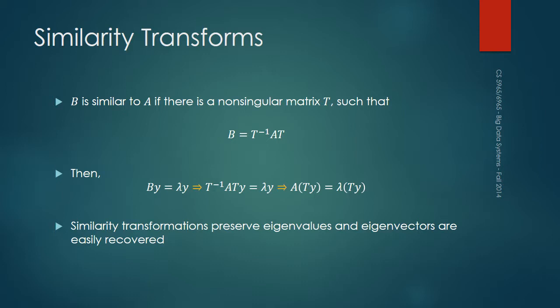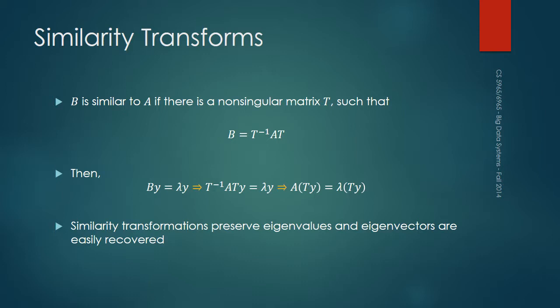What does this tell you? That lambda, which we started off with, if you remember, was an eigenvalue of B, correct? Is it clear? So as long as we have that sort of a transformation, then the eigenvalues of this new matrix B are the same as the original matrix A.